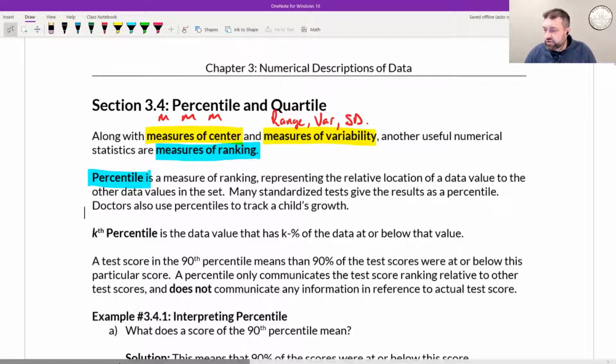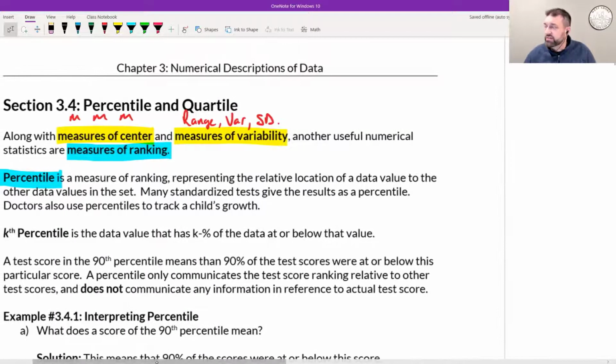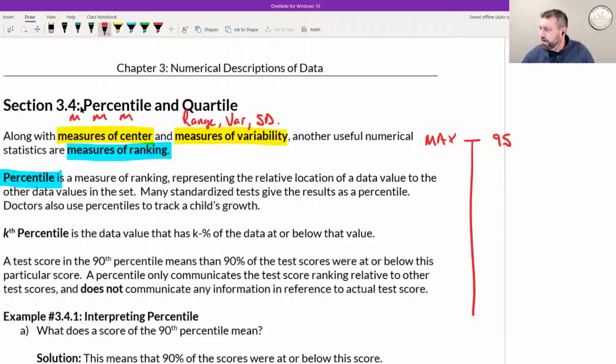And again, let's show you just really quick, kind of an example of a percentile. So let's say that you score on a test. Let's say that the maximum score on an exam was a 95%, okay? And let's say that the minimum score on an exam was a 63, okay?